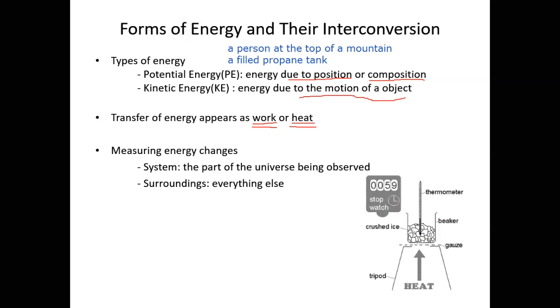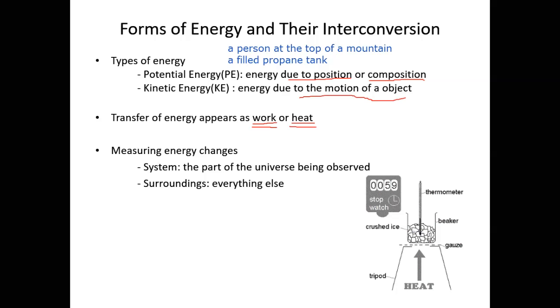So work and heat typically go hand in hand unless you have a system that does 100% work, a work only system. But most types of transfers of energy from potential to kinetic involve work and heat.